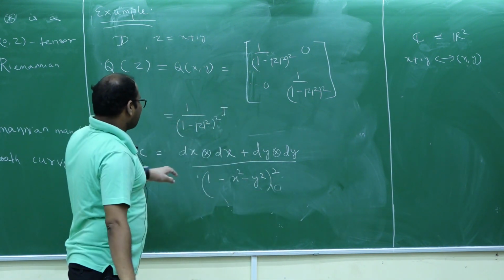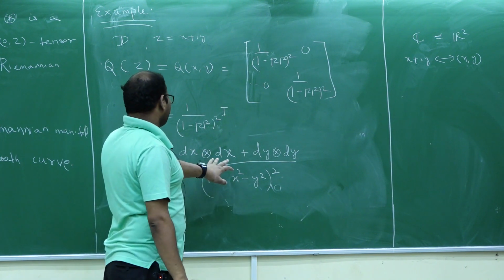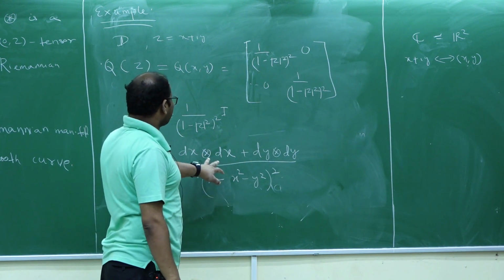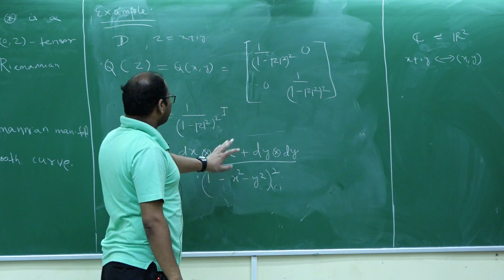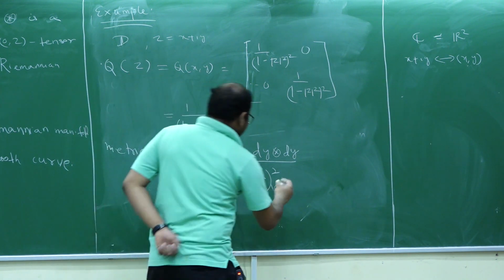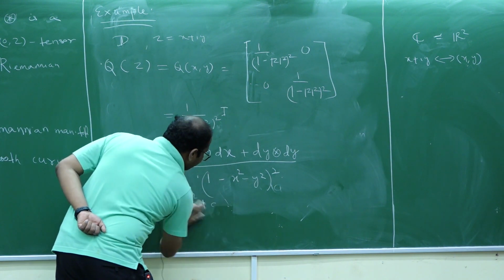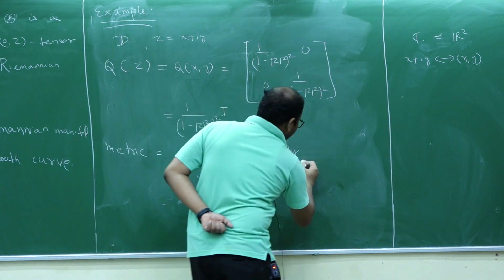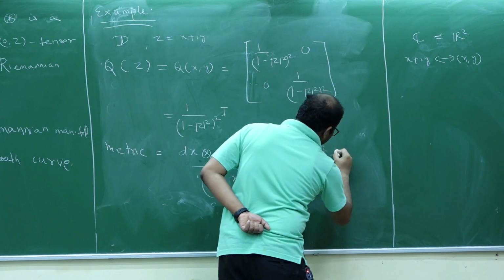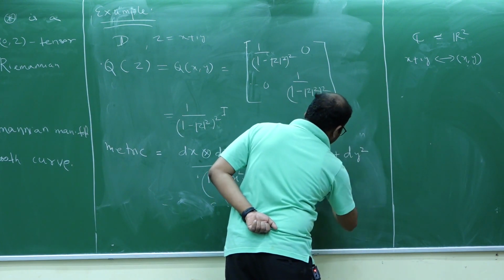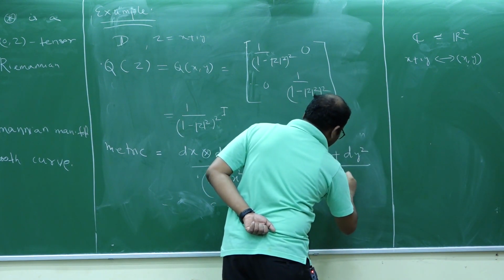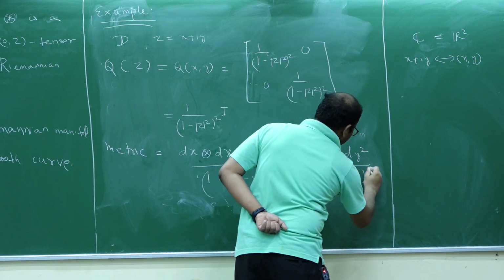In differential geometry, we write dx squared as dx tensor dx. So that is the same thing as dx squared plus dy squared over (1 minus x squared minus y squared).